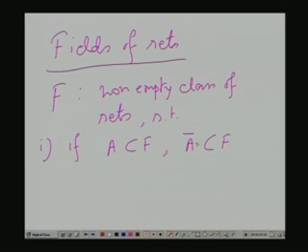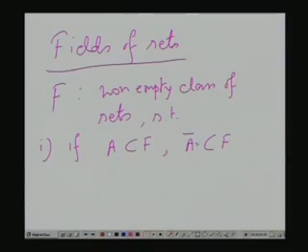A may be taken from the probability space S, and I know what the A complement is there. Now, I am constructing a field. If A is present in that field, A bar also must be present.